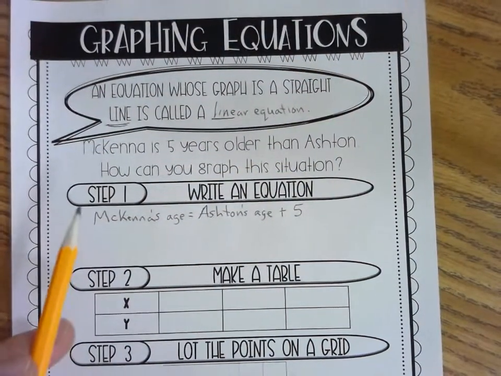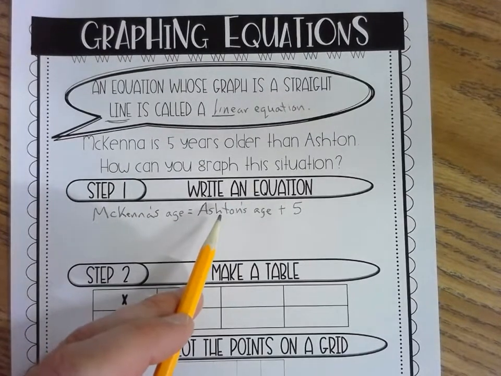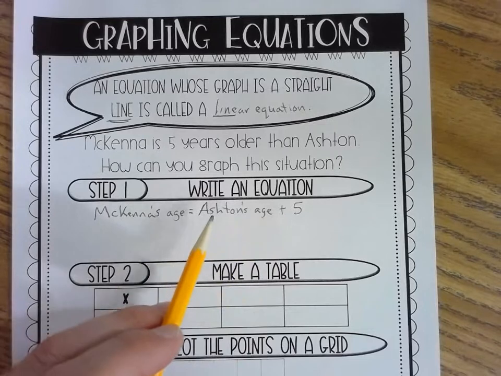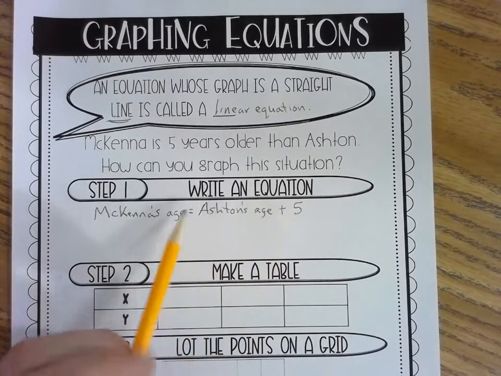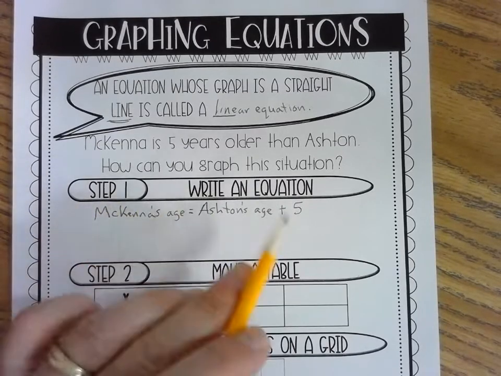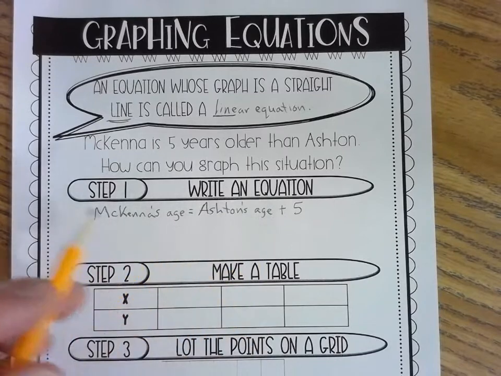So this could work. Doesn't matter how old Ashton is. If he was 25, you add 5 to that. That means McKenna's going to be 30, right? If Ashton was 1 year old and you add 5 years to that, that means McKenna's going to be 6 years old. So this could represent McKenna and Ashton throughout their life.